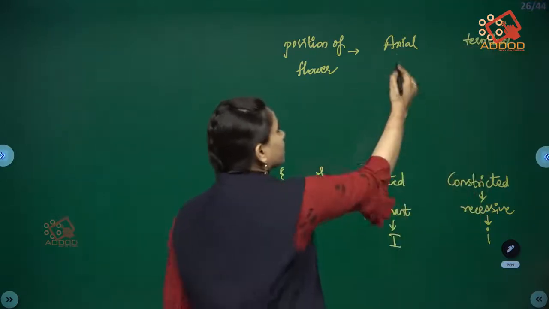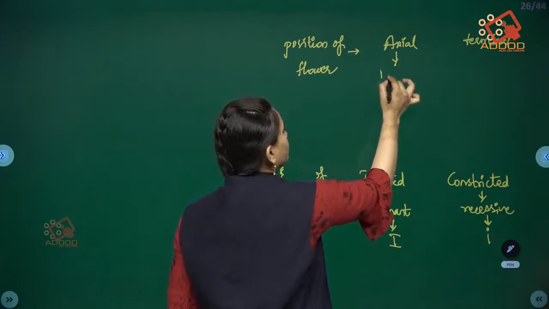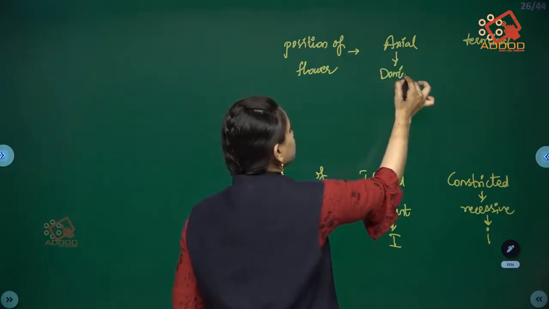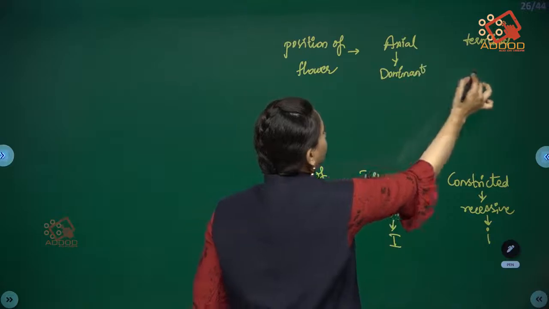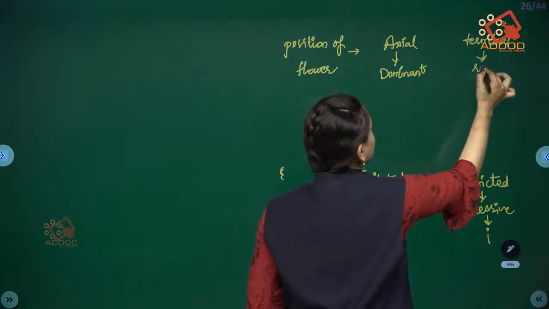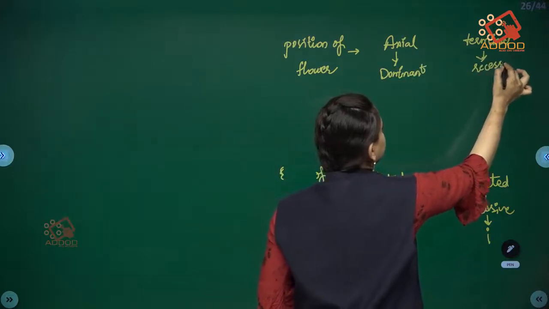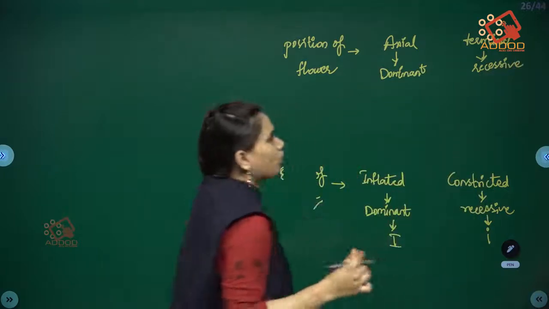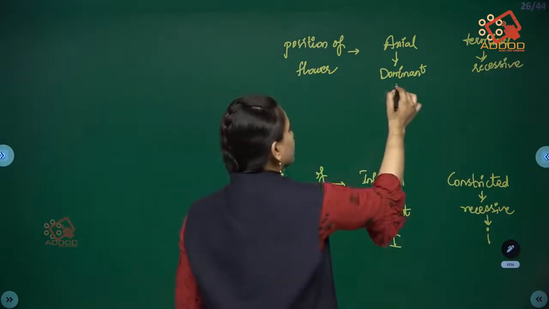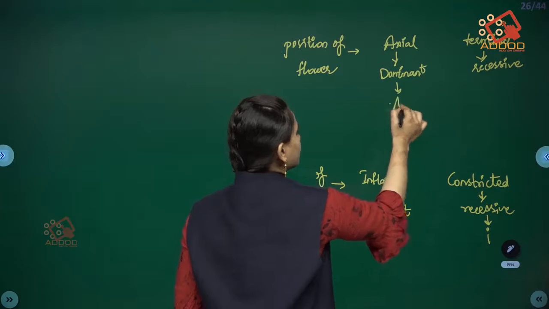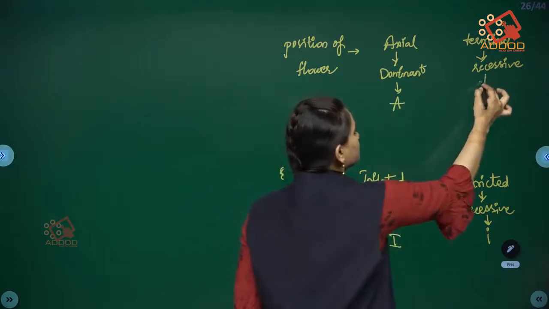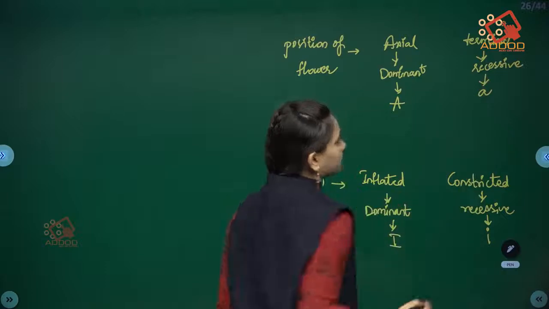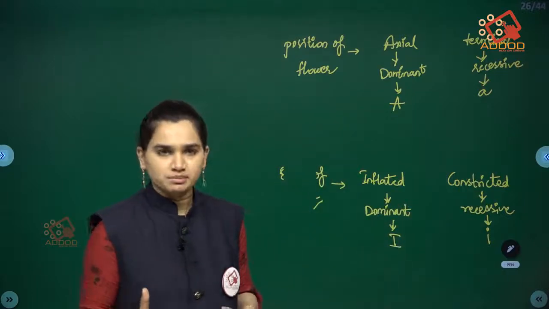We also know that axial is the dominant trait and terminal is the recessive trait. Now in order to write it, I will be writing axial position as capital A and terminal position as small a. I hope you got this by now.